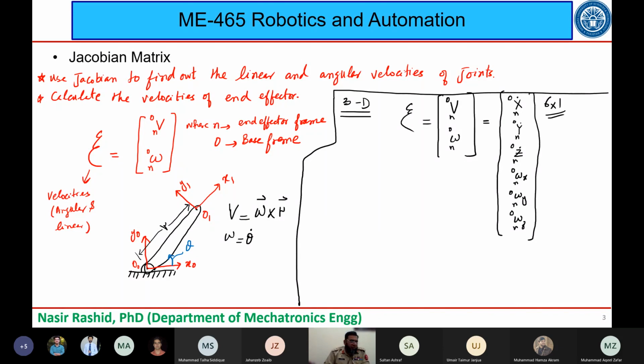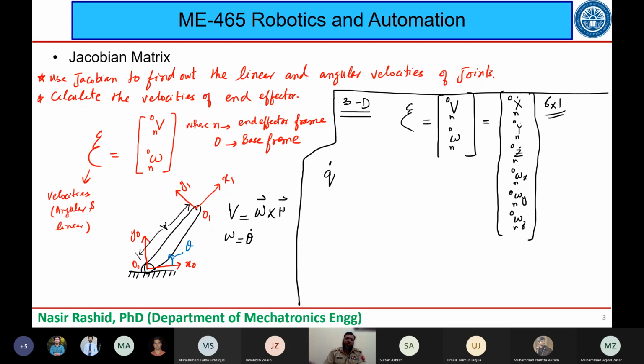Okay, let me now introduce one more term here, which is called Q, and let me introduce it as Q dot. So Q is a vector which in general will be called the joint variables. You know that we have already discussed what the joint variables are.